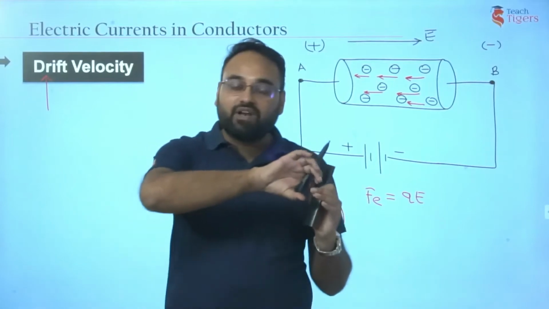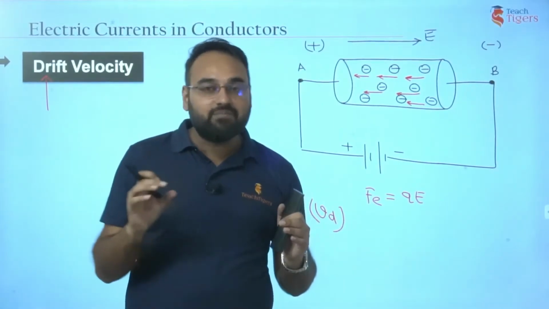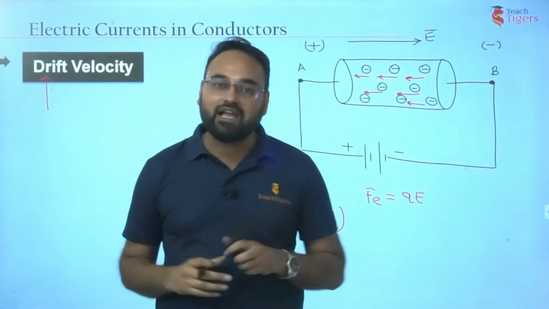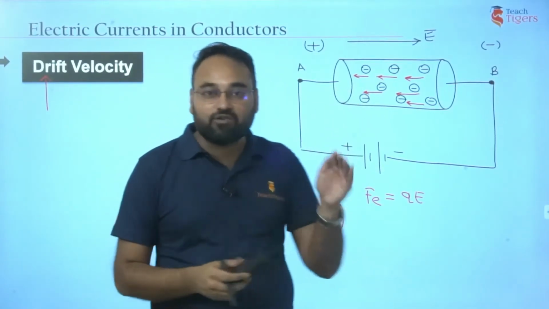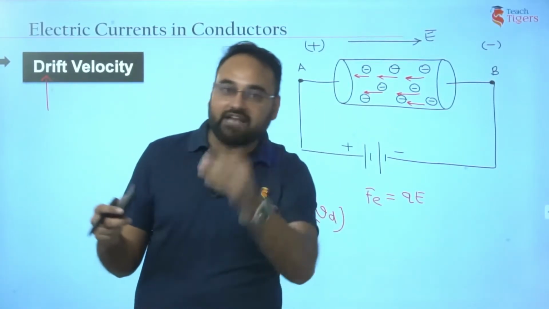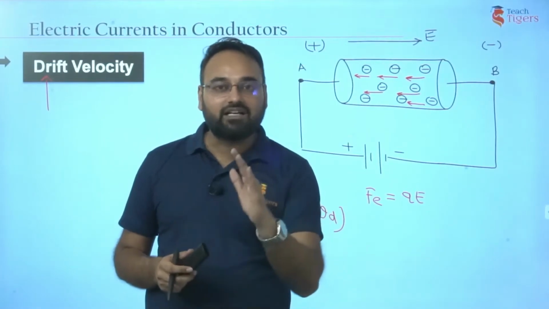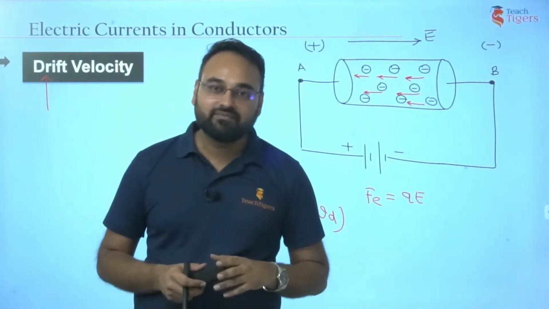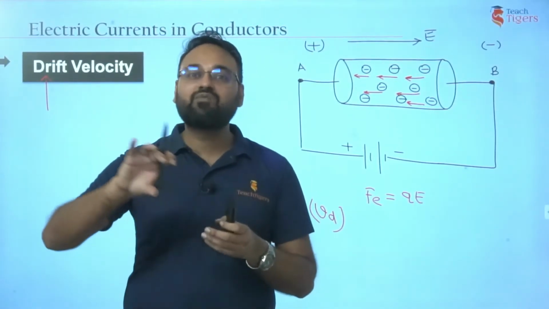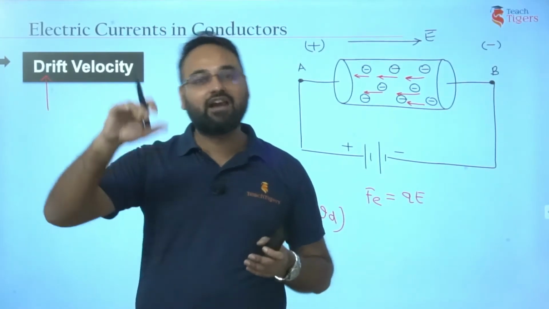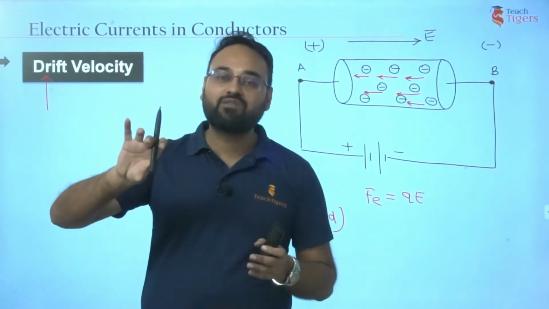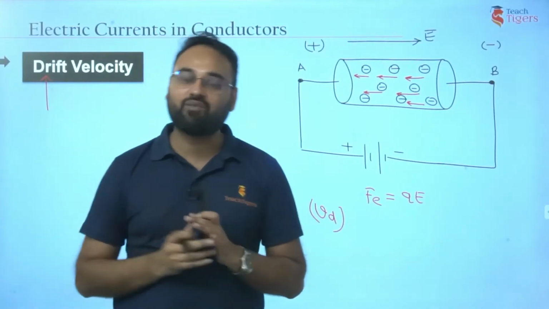But when it tries to increase the velocity, in between there are some fixed atoms and ions. Now these electrons will collide with those atoms and ions, and ultimately they will lose that velocity. Then again they'll start moving, and again they'll collide, and again they'll stop.